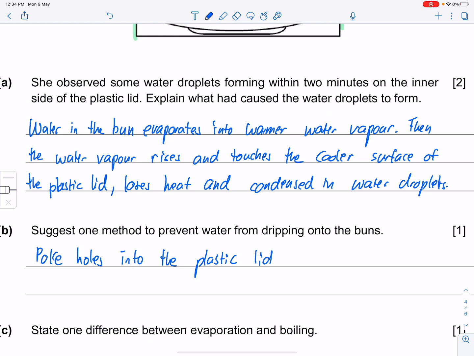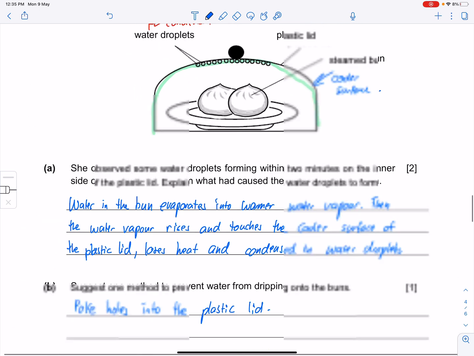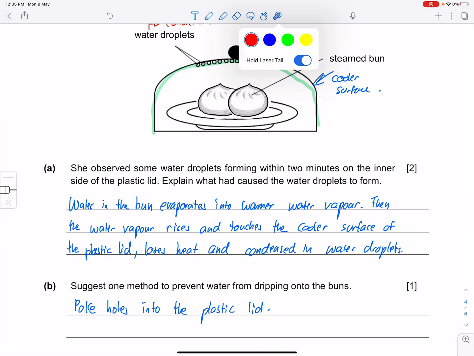That's one way of doing it. I will accept that. Now, when there are holes in the plastic lid, the water vapor can then escape. So when it escapes, less condensation would happen.